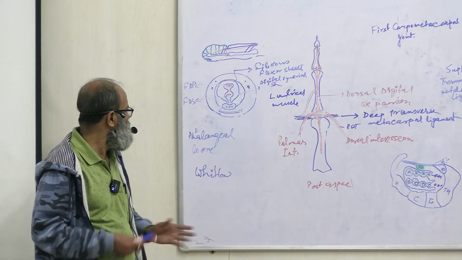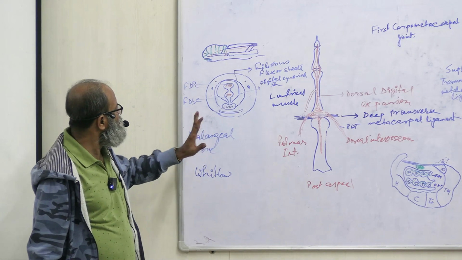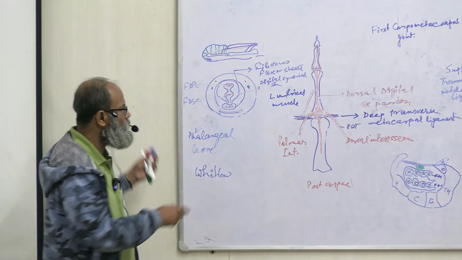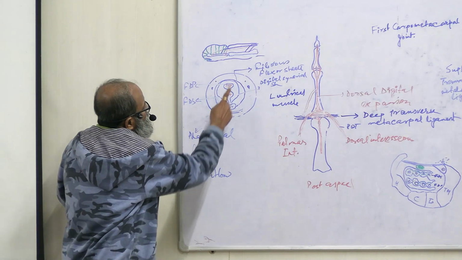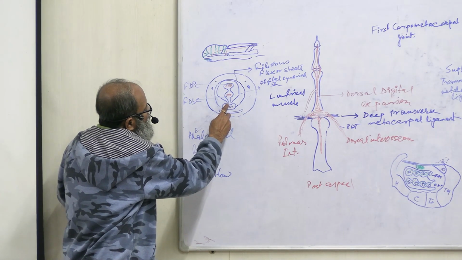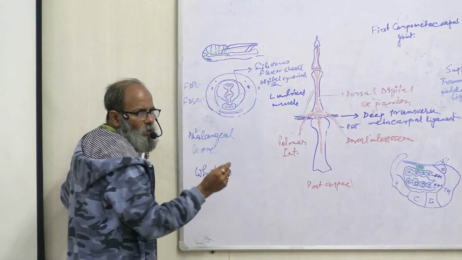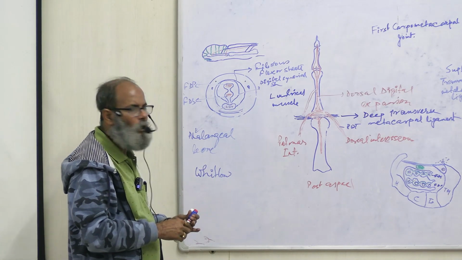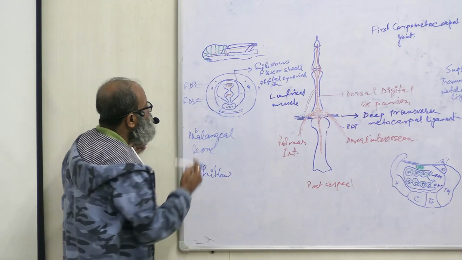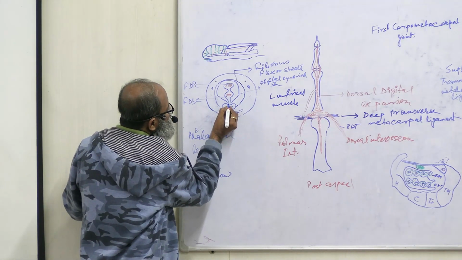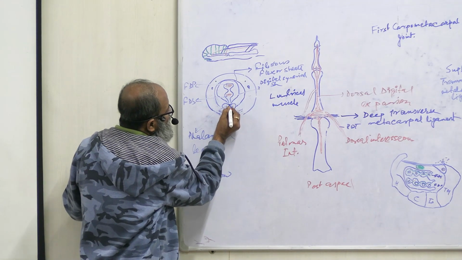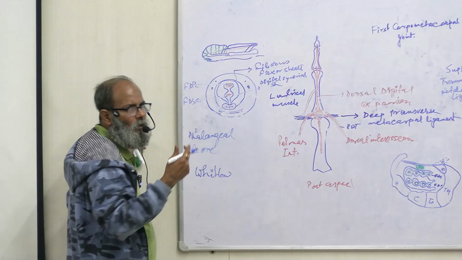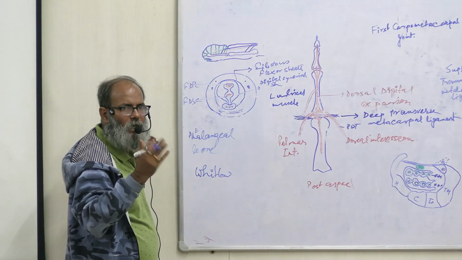Now, up to this point, you see this visceral layer and the parietal layer is continuous at some point. In the embryonic period, this was continued with the periosteum of this bone, and this space initially conveyed the digital vessels and nerve.